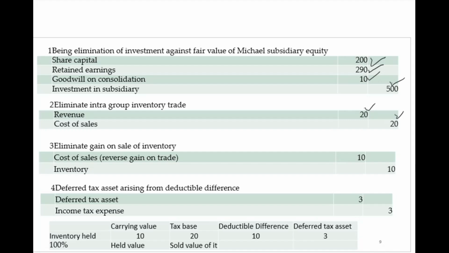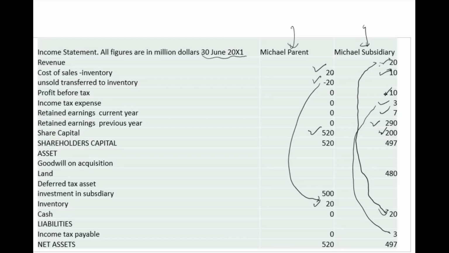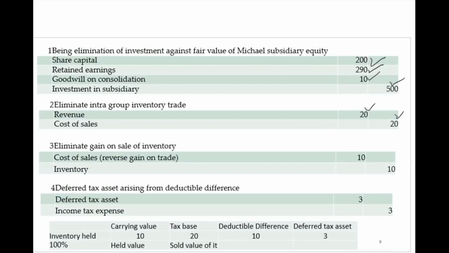Third is to eliminate the gain on sale of inventory. The inventory now includes a gain, and this 20 million here is including a gain of 10 million, whereas the actual value of the inventory is 10 million. So therefore, we need to decrease the inventory by 10 million.